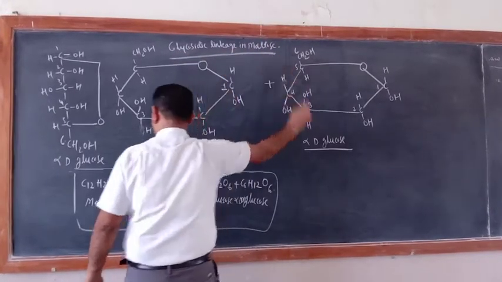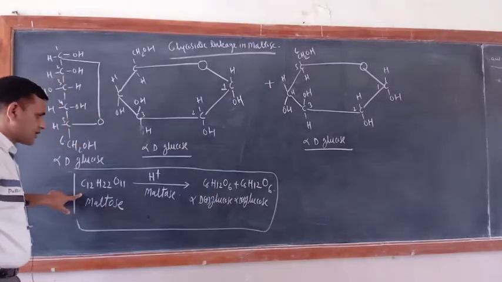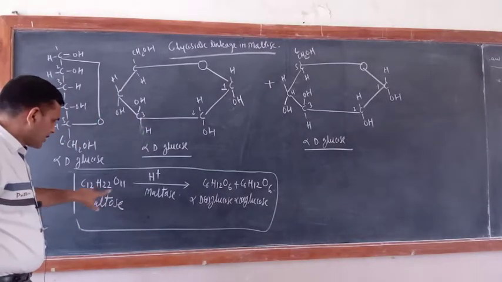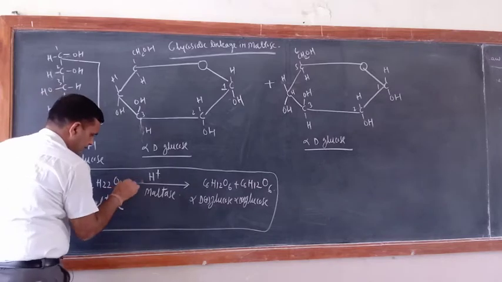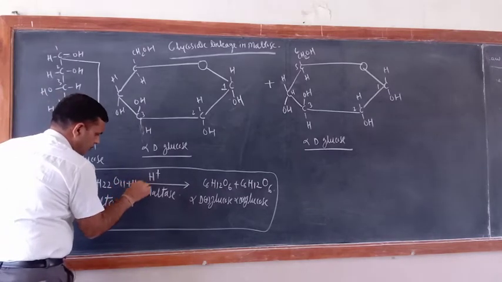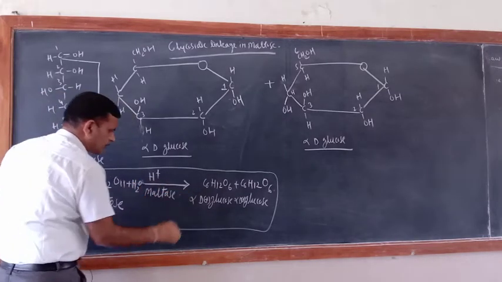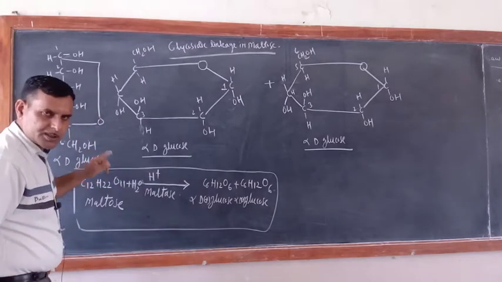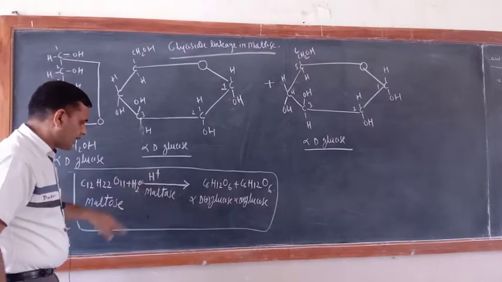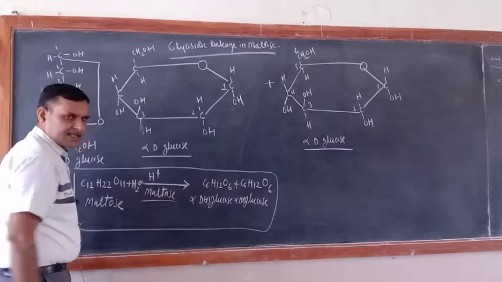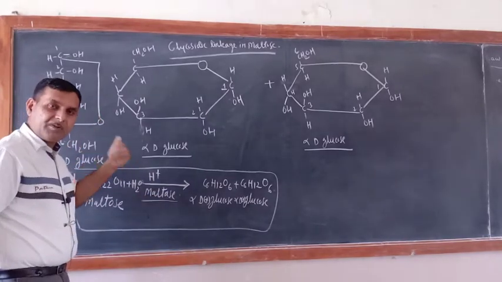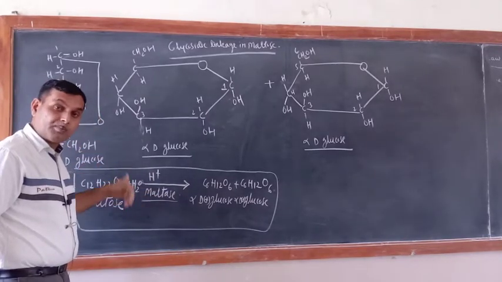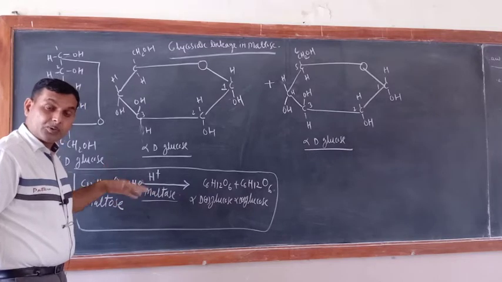First, hydrolysis of maltose, plus H2O. The hydrolysis of sucrose, maltose and lactose takes place in presence of acid only, or with an enzyme. In case of sucrose, invertase. In case of maltose, maltase. In case of lactose, lactase.